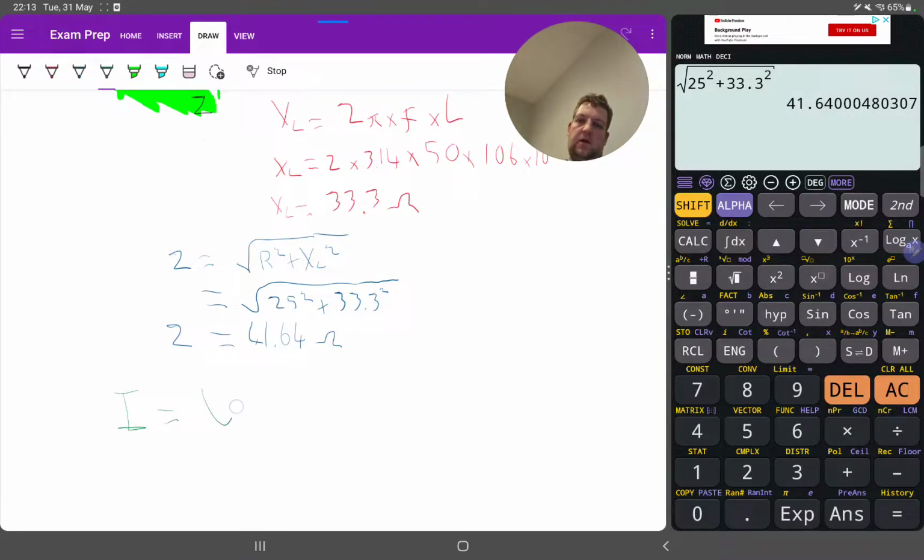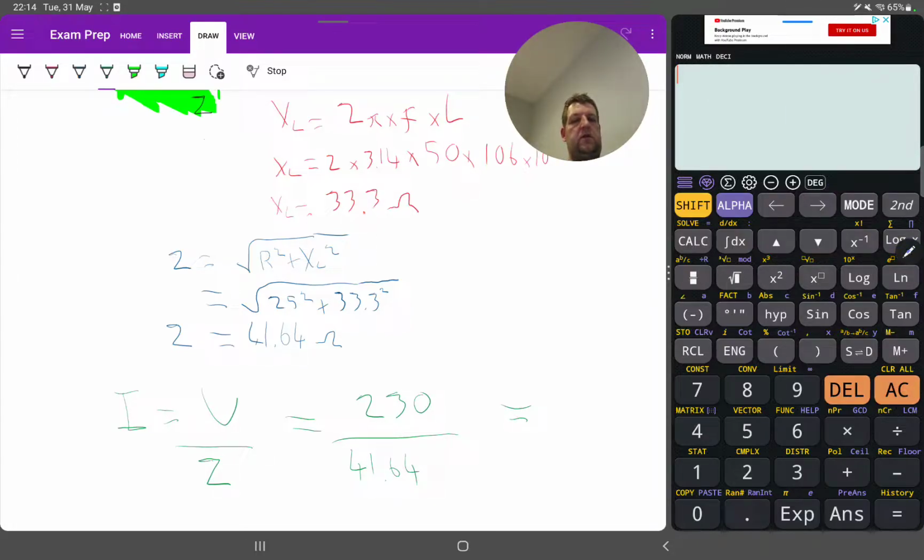Current V over Z. Again, the voltage is given in the UK as 230 volts. 230 divided by 41.64. When I go to a calculator, I'm always using a fraction symbol, saves making any mistakes. On top, 230, underneath, 41.64. Okay, and it gives me 5.5 amps.